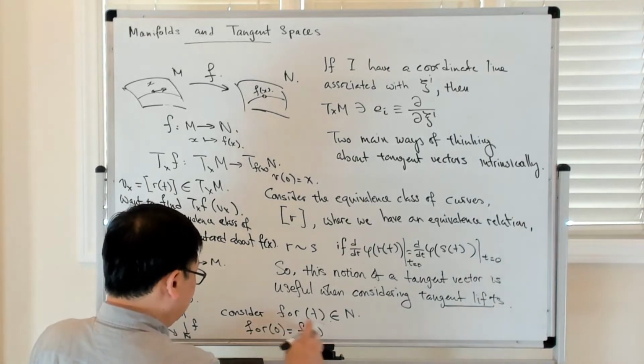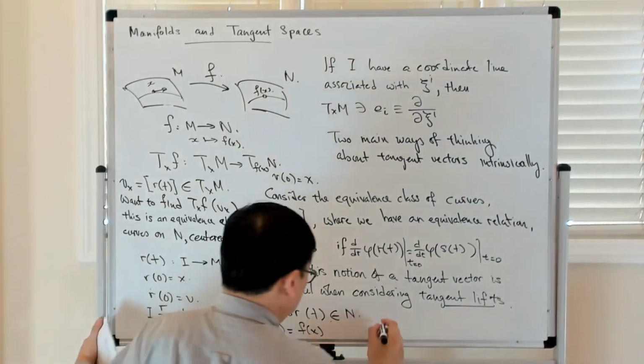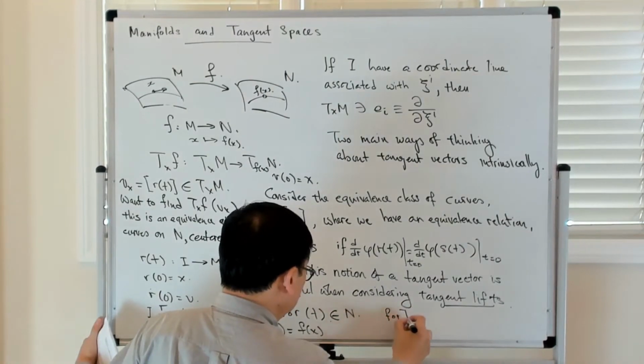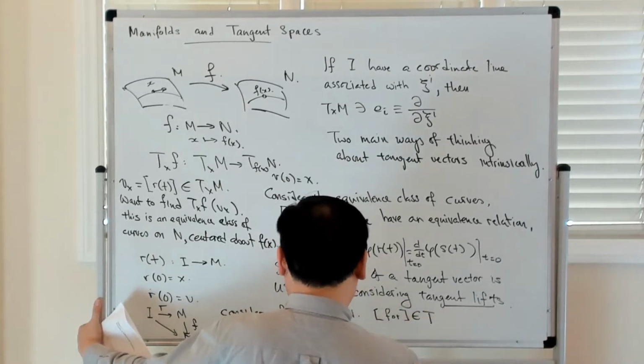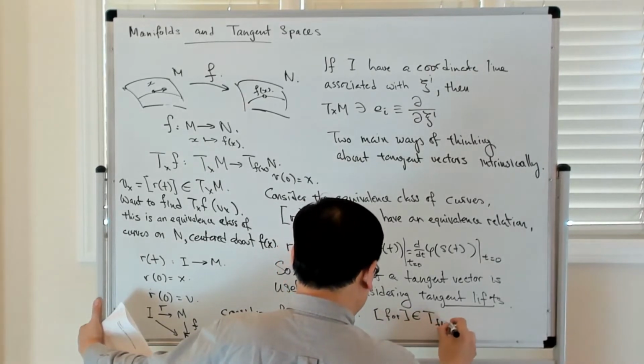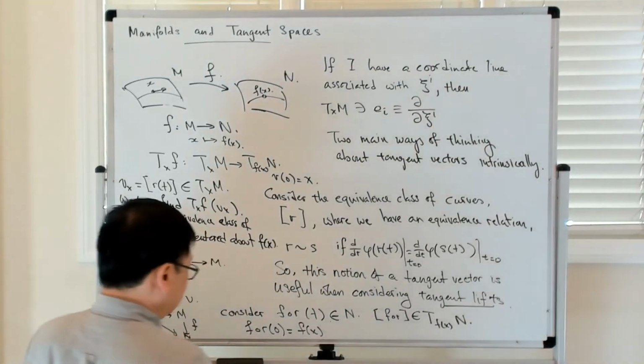So this curve, f composed with r, as an equivalence class, is an element of the tangent space at f of x to N.